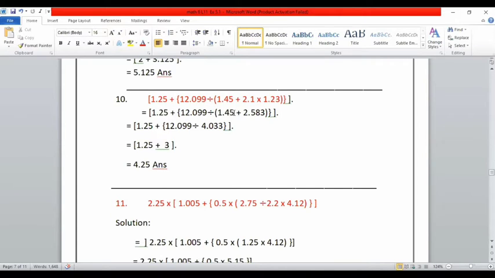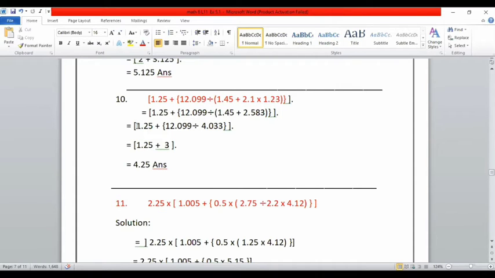This whole parenthesis will be removed. First we did multiplication, then addition, and after addition, when we have got a single value, the parenthesis will be removed.